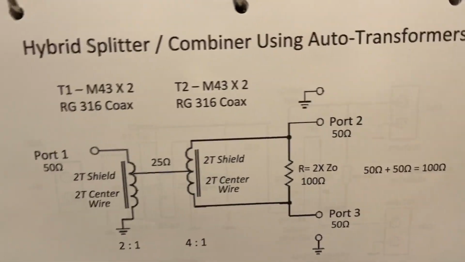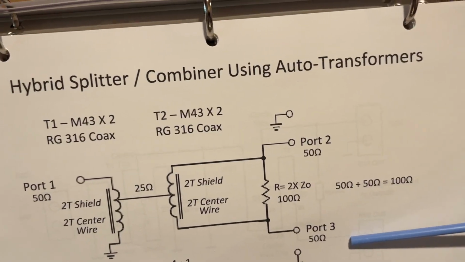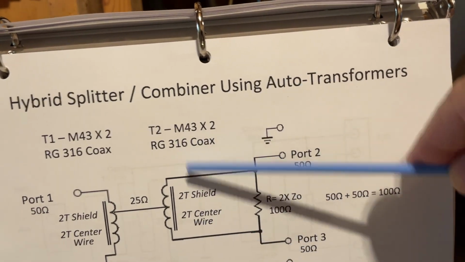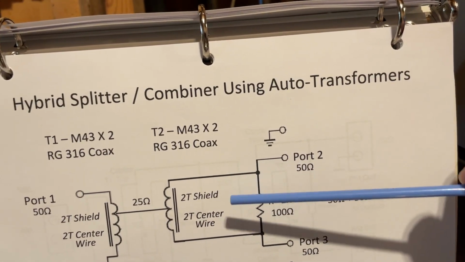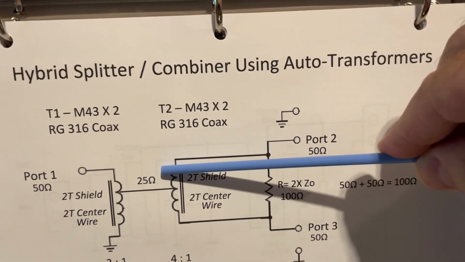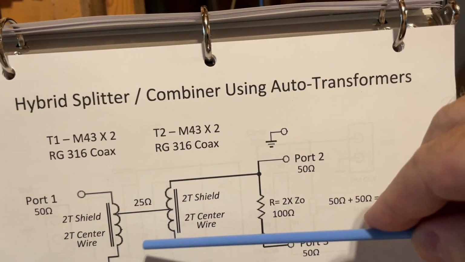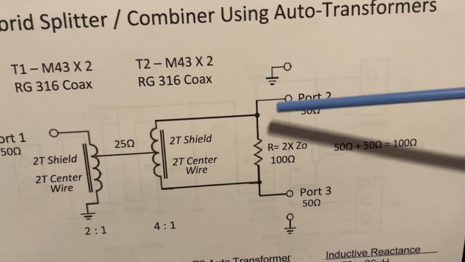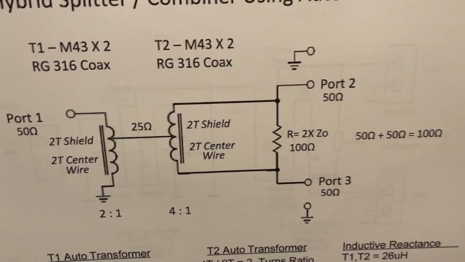So what does this do? Basically, it takes the 2 inputs, which are equal to 100 ohms at the transformer's inputs, and it transforms them to 25 ohms, and then the 2 to 1 transforms the 25 ohms back to 50 ohms. And the isolation here is provided by this resistor.